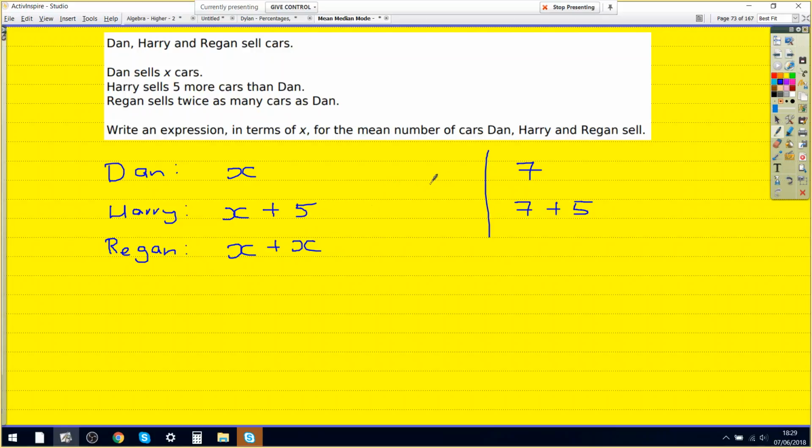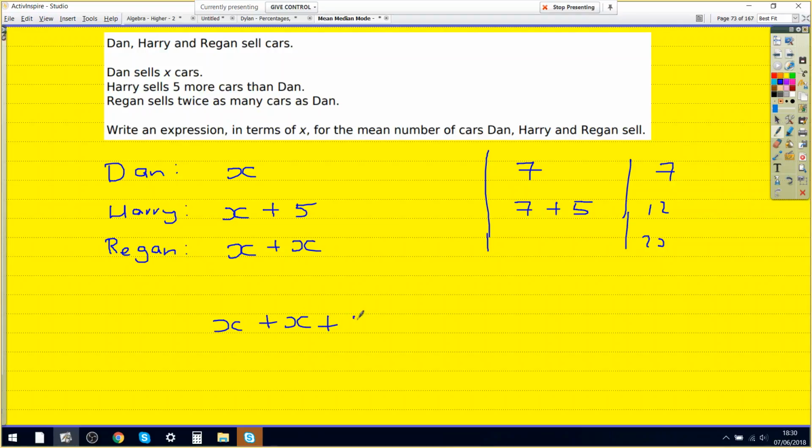What if it was 3 normal numbers, like 5, 12, and 20? How would you get the mean? You would add them all up and divide by 3. Yes, and so you just add up the X's.